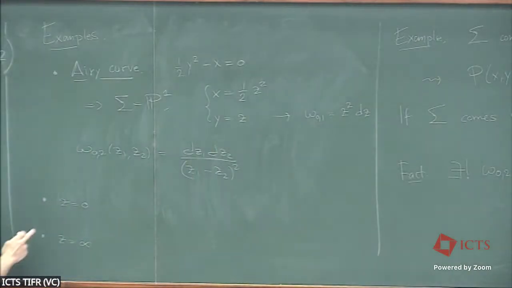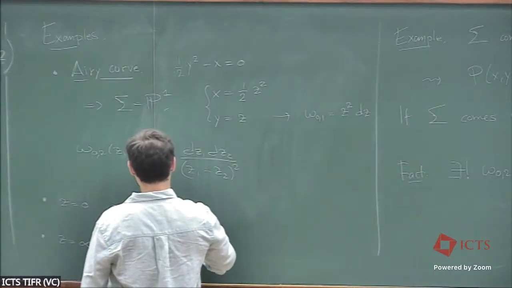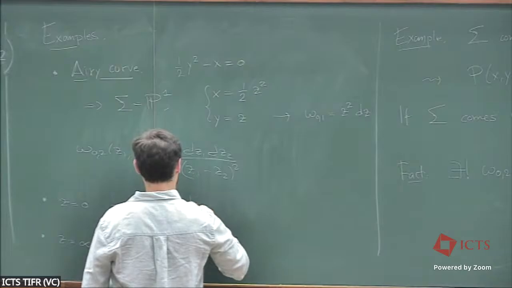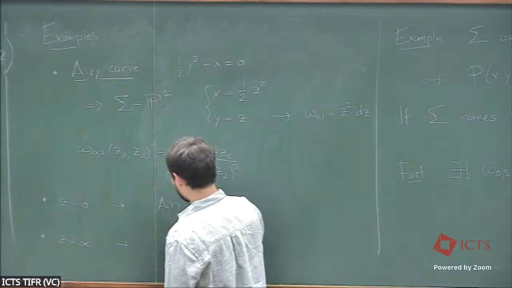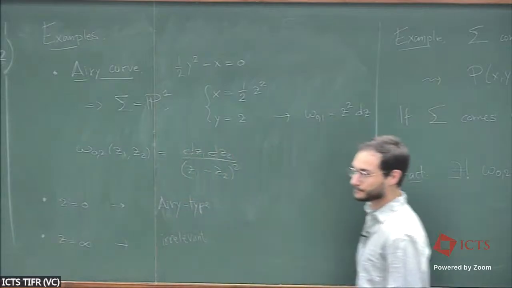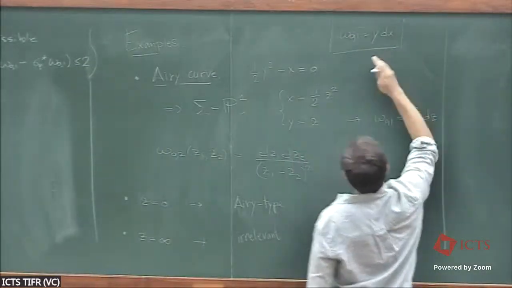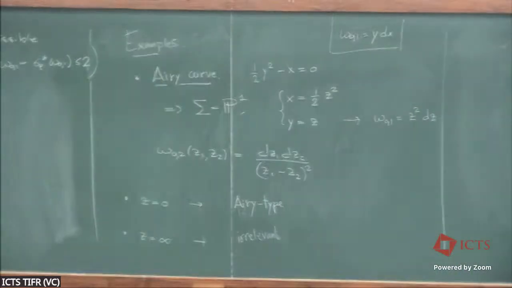And if you look at this, you can realize that this is a ramification point of Airy type, while this ramification point here is actually irrelevant. Okay. So omega 0,1 is always defined as y dx. So I can either give you omega 0,1 or I can give you a function y, and then omega 0,1 is defined in this way.